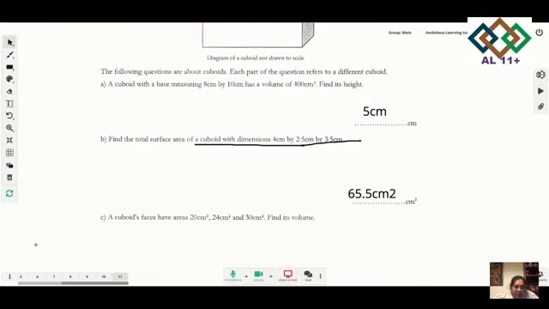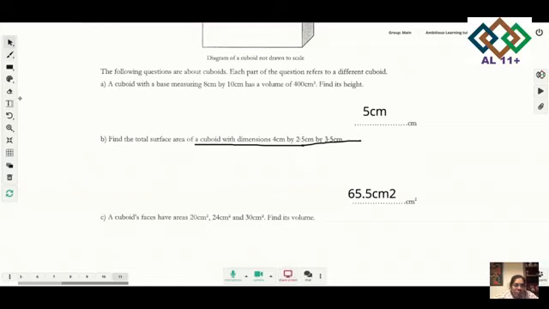Number 3 is a cuboid whose faces have areas of 20 centimeters squared, 24 centimeters squared, and 30 centimeters squared. You need to find the volume in this one. Remember the dimensions given to you. We just need to find the dimensions, which are 4 by 5 by 6 centimeters.